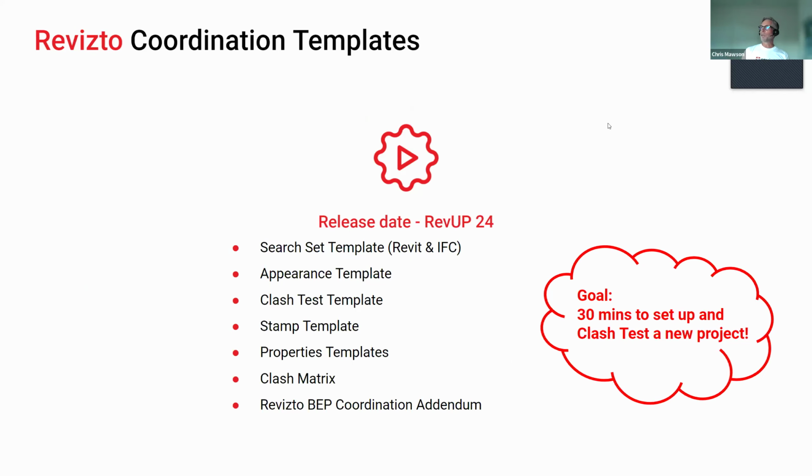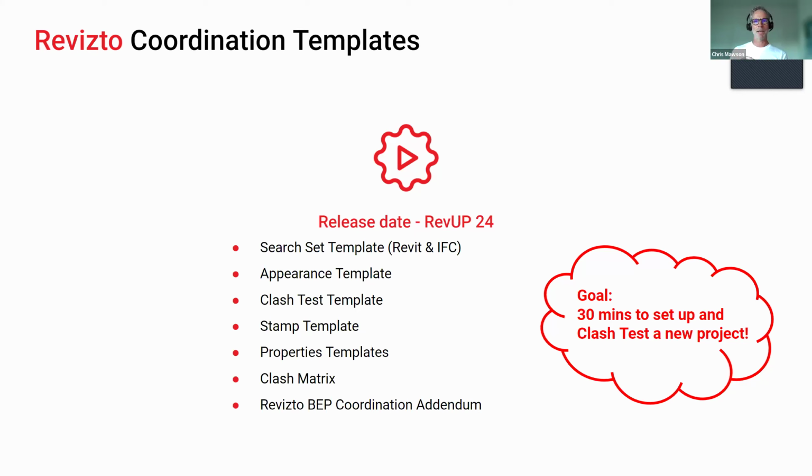Not only are we looking at the software side of things, the CS team are also building things like coordination templates. So what does this mean? What we want to provide you as clients is a template that you can start a new project with, load in the template, and then get some really robust information, clash tests and so on, straight out of the model within 30 minutes.